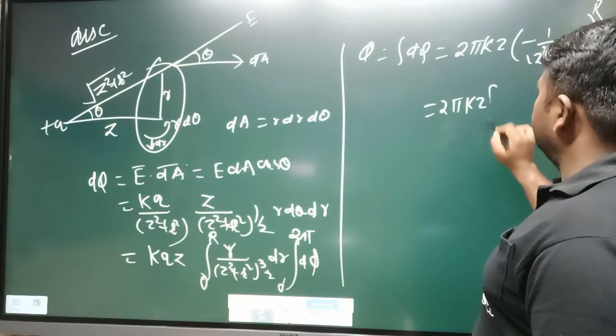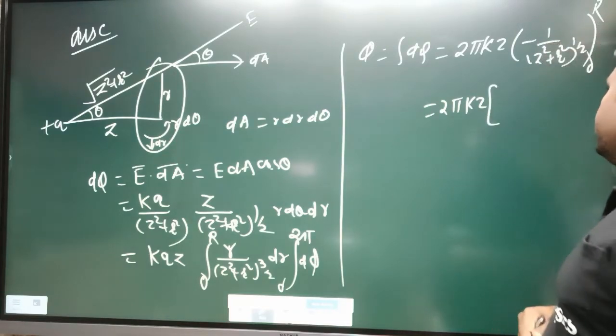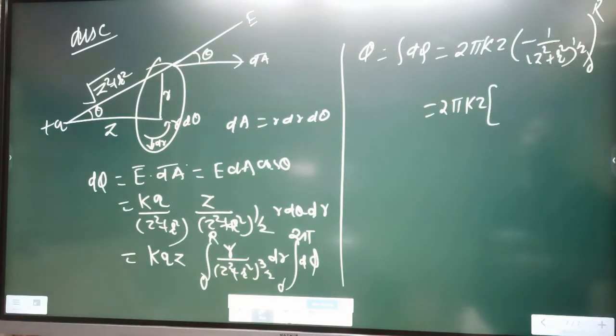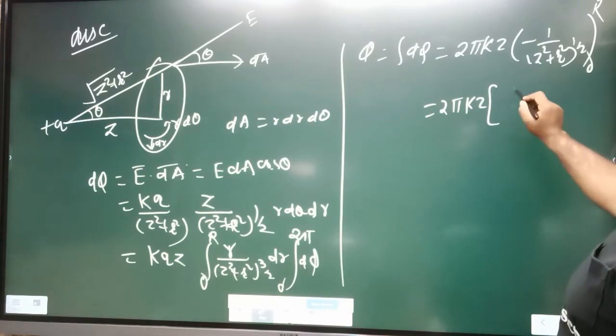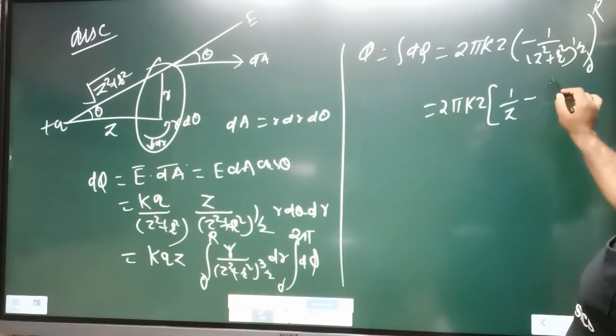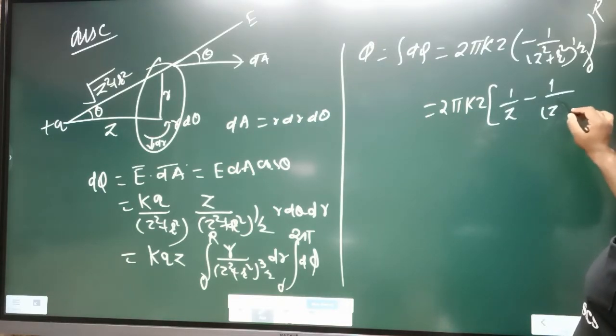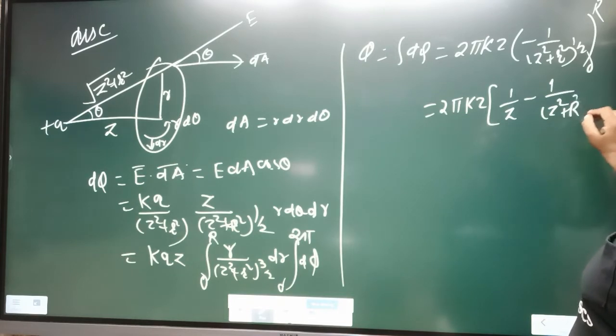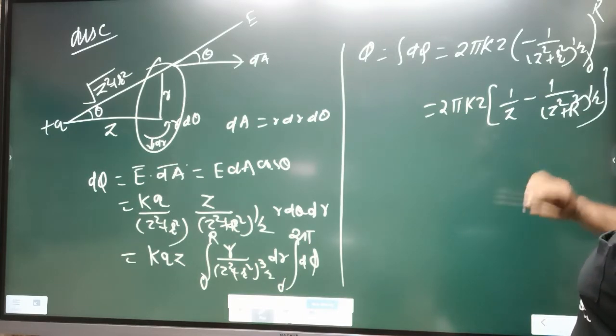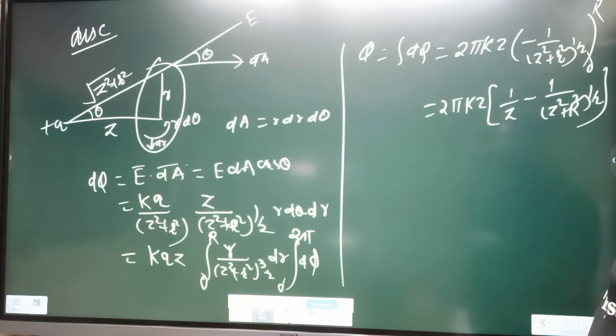Interchange the limit: 1 upon z minus 1 upon (z square plus r square) bracket to the power 1 by 2.